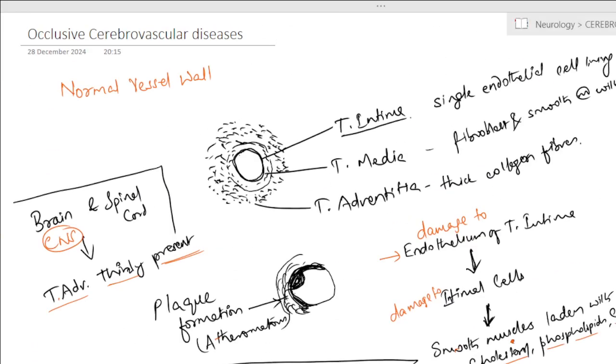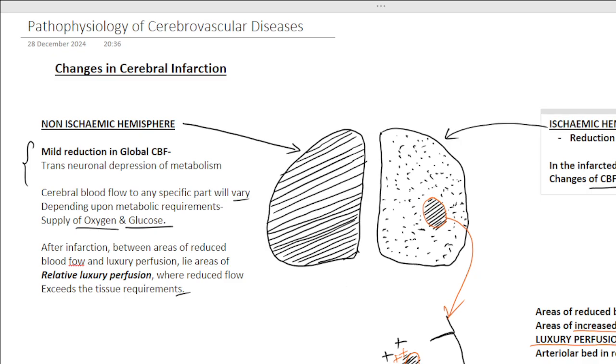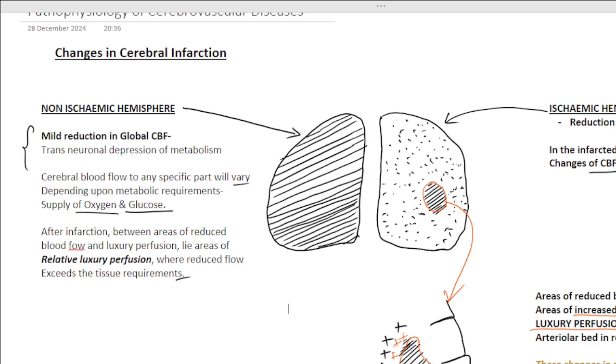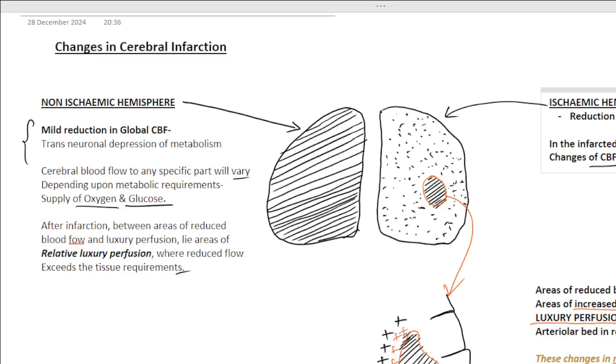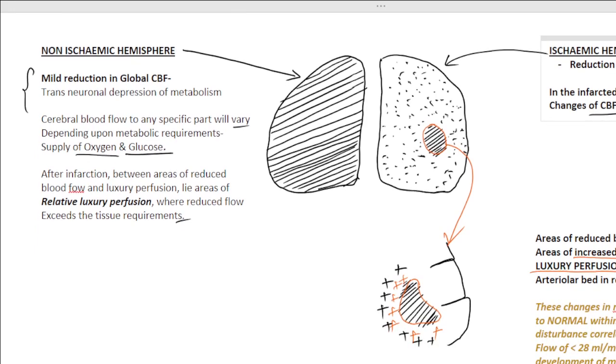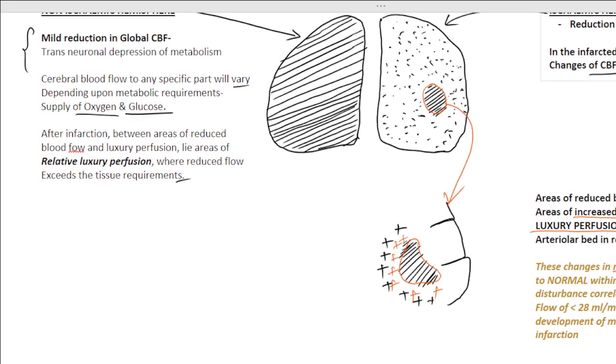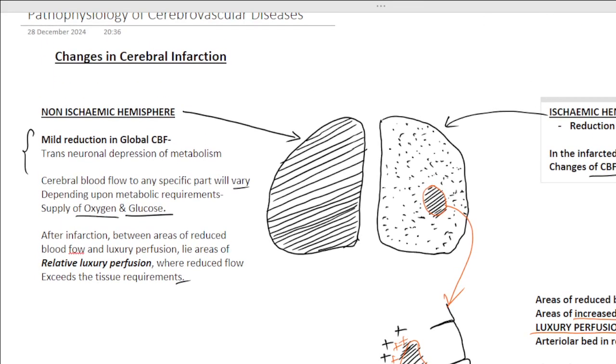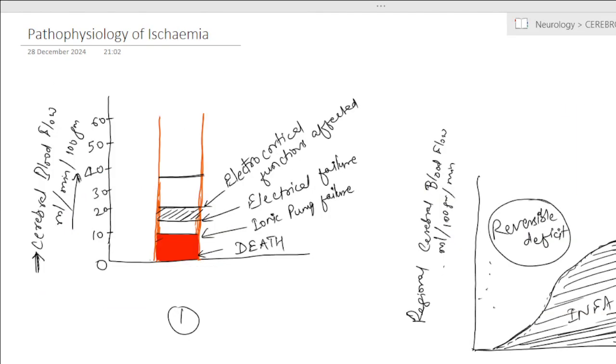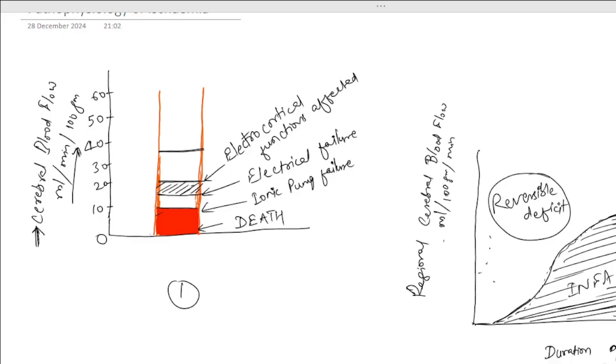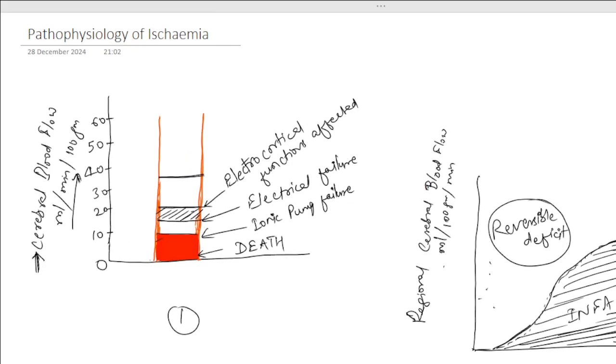Later we saw the pathophysiology of cerebrovascular disease in very much detail. We learned about it by contrasting the difference between the non-ischemic and ischemic hemisphere of the brain. Then we understood what is luxury perfusion. We understood when things can go wrong after a reduction of cerebral blood flow to a very low value.